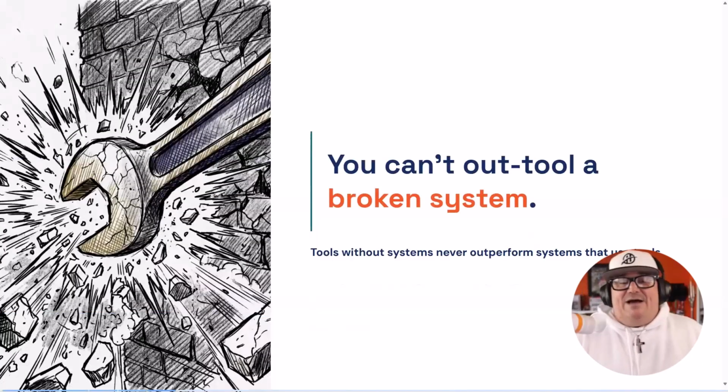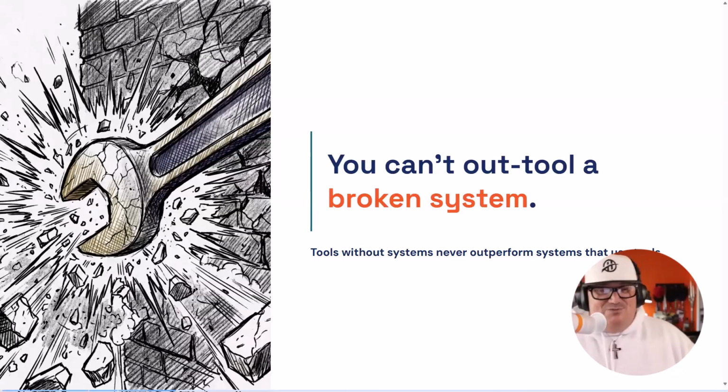And you can't out-tool a broken system. I want you to think about that. You can't out-tool a broken system. More humans will not fix it. A paid ChatGPT seat will not fix it. Another prompt library floating around in somebody's Google Doc definitely will not fix it. And I want you to be real clear about something. This is not an AI problem that we're facing.